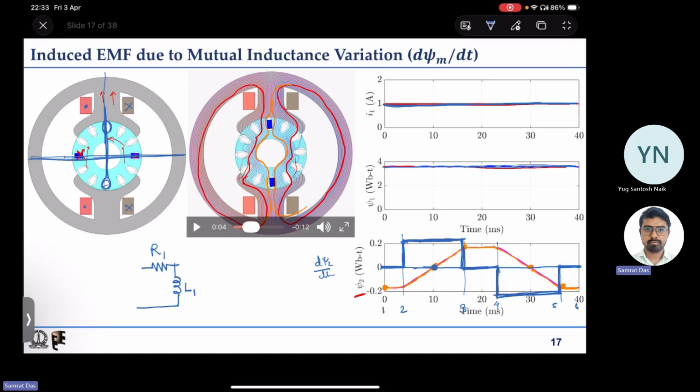Now for the second coil, which is now not carrying any current, but that also should have some resistance, it must have some inductance also, and it must have some induced EMF also. So this becomes the equivalent circuit of the second coil.